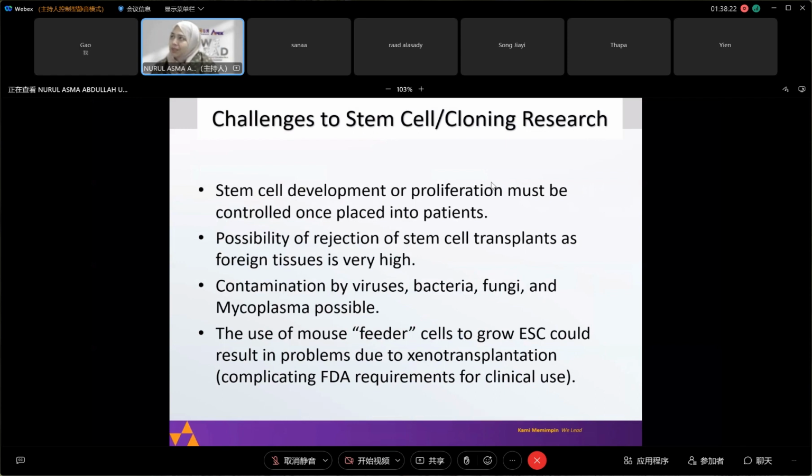It gives some signals for the cells to expand better. When you use mouse cells as a feeder, because mouse and human are different species, you can face the possibility of xenotransplantation rejection.